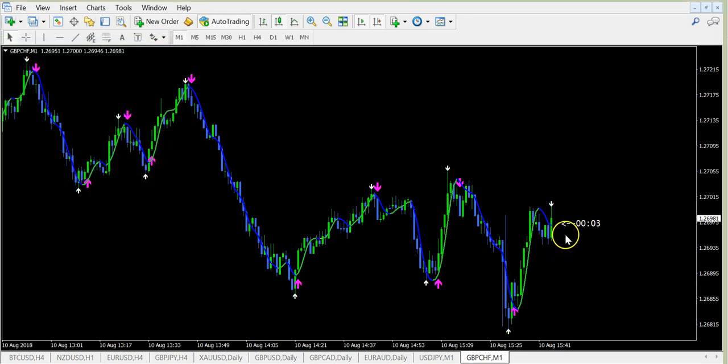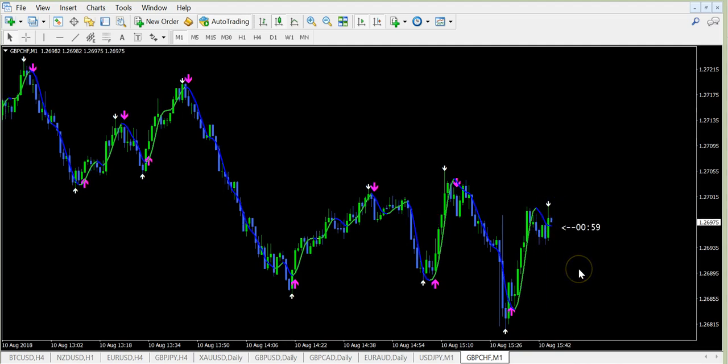So you see, now we get a warning signal, but we are not going to trade. We are waiting for a pink arrow. If we get one, I will show you how to trade. So for now, even though this is blue, it is okay.